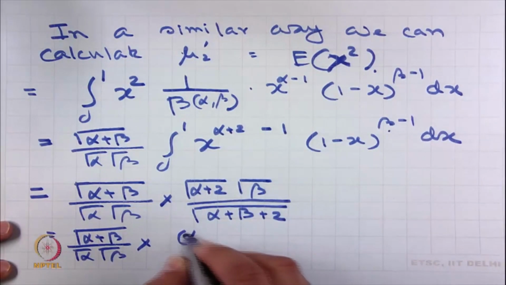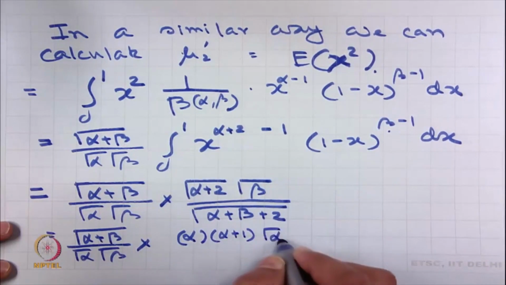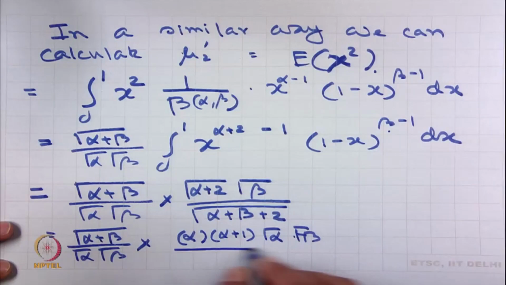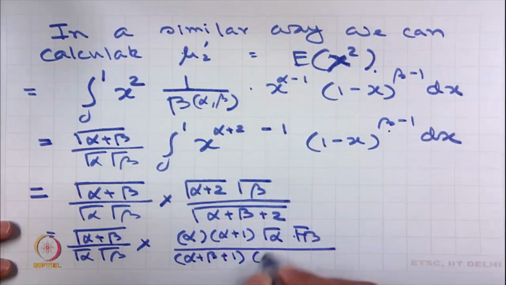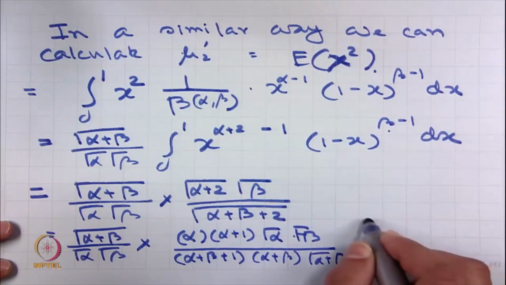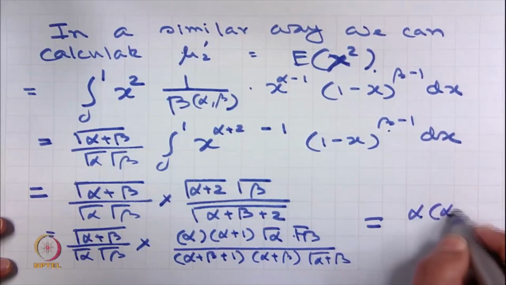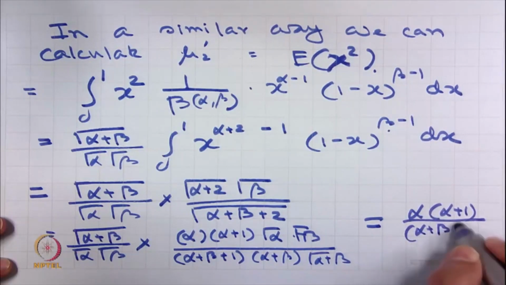So, I can write it as alpha into alpha plus 1 into gamma alpha, then gamma beta, and this is alpha plus beta plus 1 into alpha plus beta into gamma alpha plus beta. So, after cancellation we will have alpha into (alpha plus 1) upon (alpha plus beta) into (alpha plus beta plus 1).